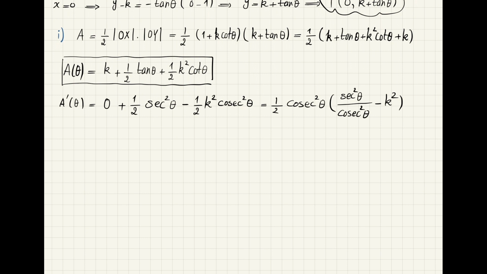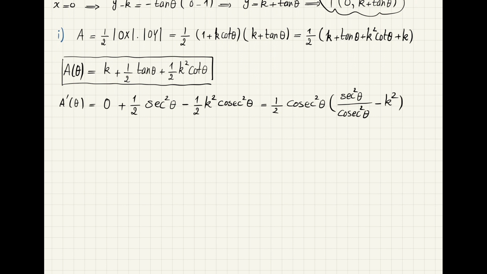Yes, so if you want to check it, just multiply this expression back inside. This cosecant to the 2 and this cosecant to the 2 will be cancelled, and I will be left with secant to the 2, which is exactly this one. Of course, I have a factor of 1/2 as well. And if I multiply this here, I will get this term back. So everything that I have done is completely valid.